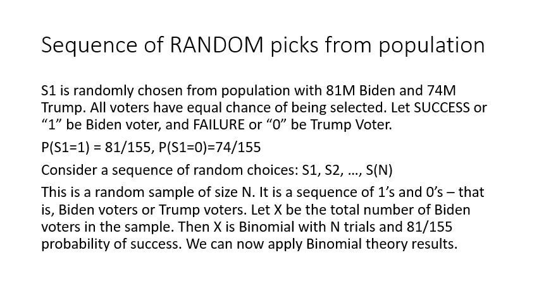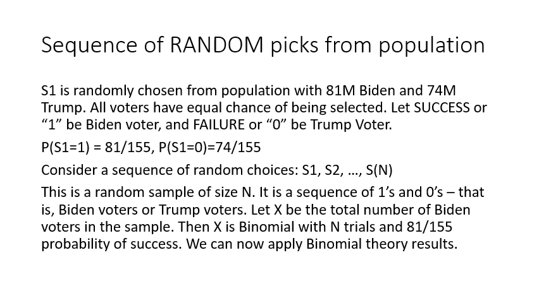So now, if all people have an equal chance of being selected, then let's label a Biden voter as 1 or a success and a Trump voter as 0 or failure. Then the probability that S1 equals 1, that means that we select a Biden voter, is 81 divided by 155. And the probability that we select a Trump voter is 74 divided by 155.